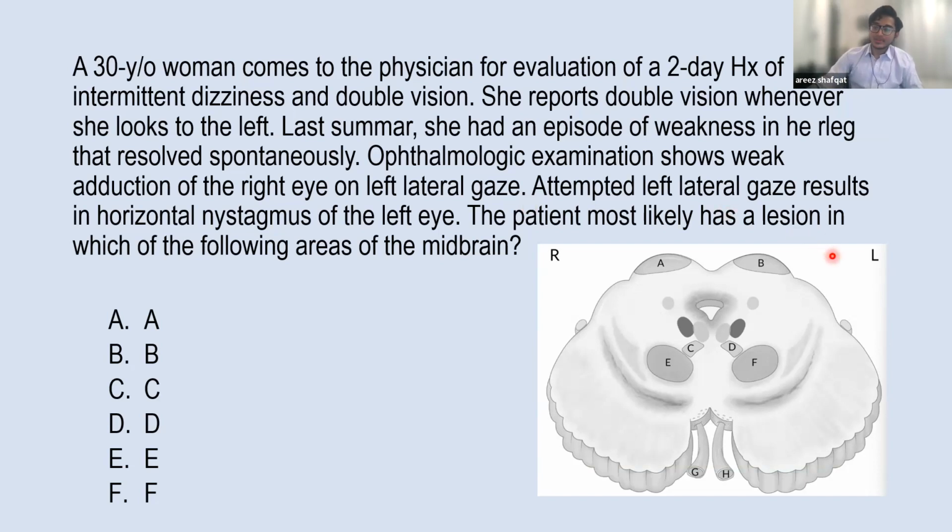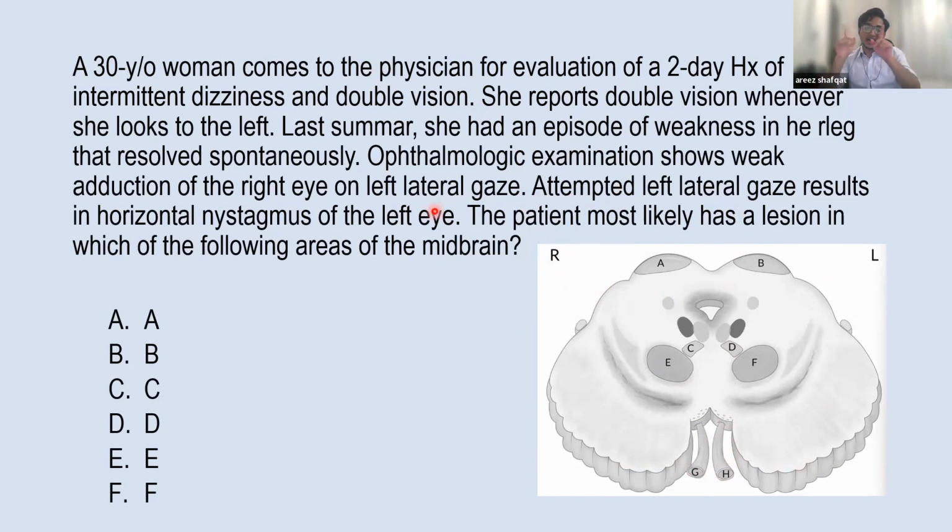Okay, so let's firstly see what we're looking at. This is right, this is left. This is obviously a section of the midbrain. You see the oculomotor nerve coming out here. This person has nystagmus of the left eye.